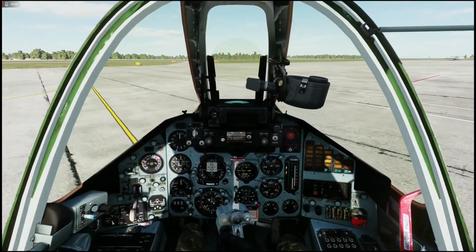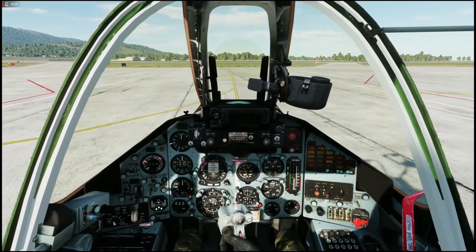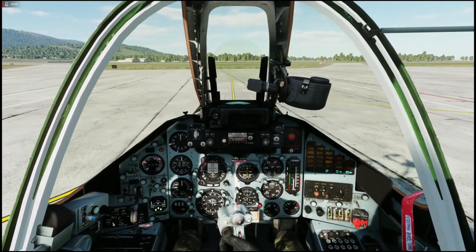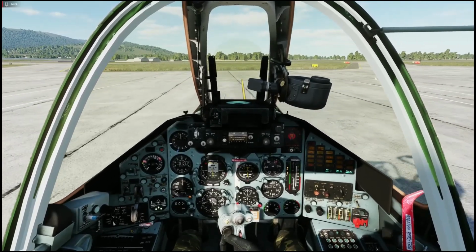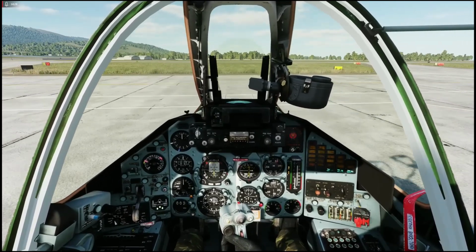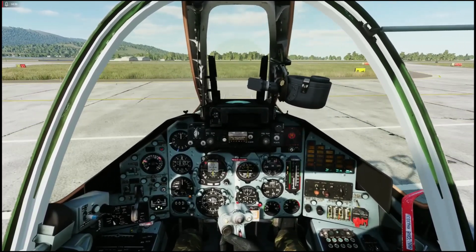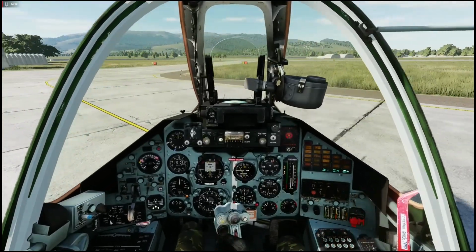I'm not using TrackIR because that is pretty confusing to use in these kinds of lessons. I'm going to follow the yellow taxi line to runway 31.